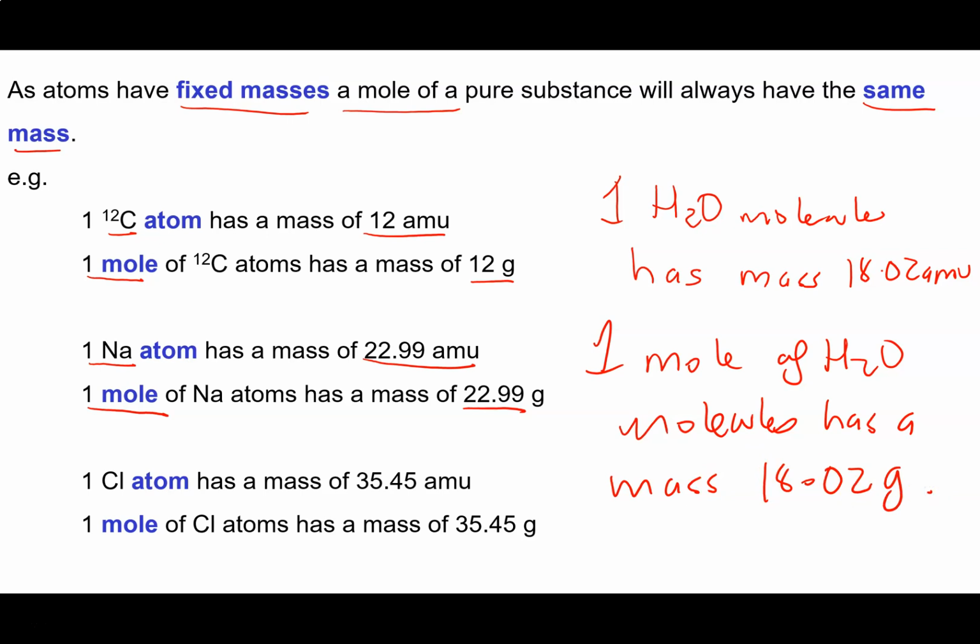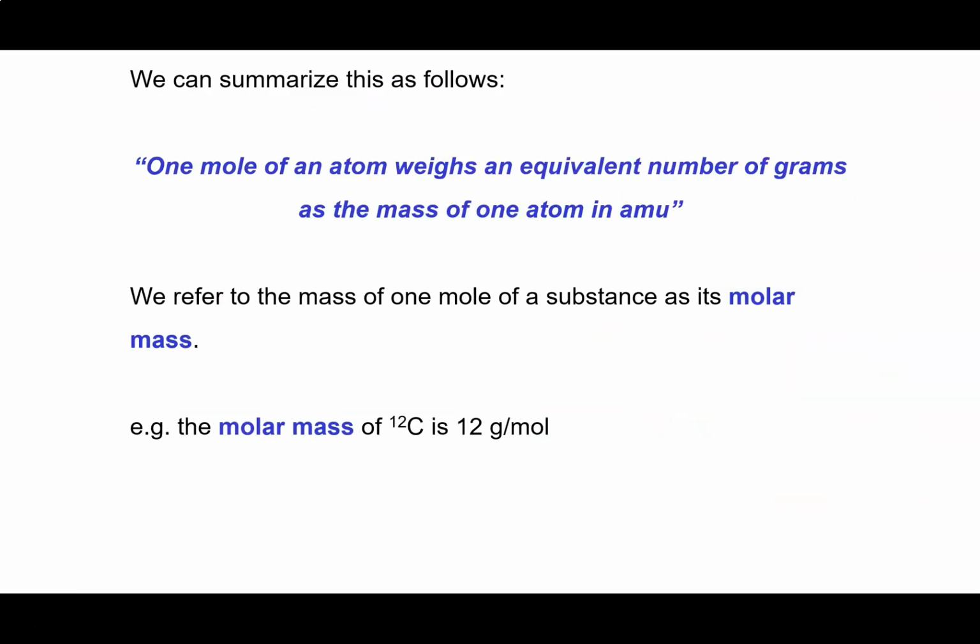So it's really cool, right? It works really, really well. So 1 mole of an atom or a molecule weighs an equivalent number of grams as the mass of 1 atom in AMU. This is referred to as the molar mass of a substance.